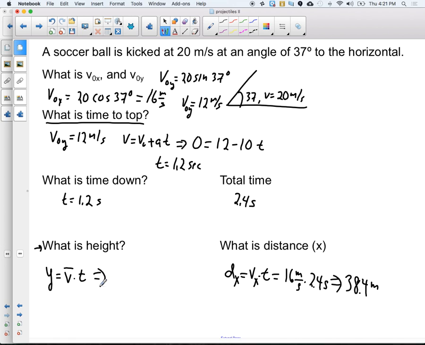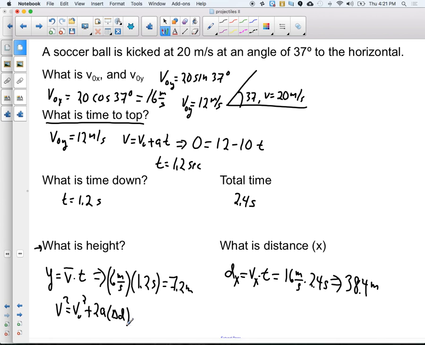So the average velocity is 6 meters per second times 1.2 seconds is 7.2 meters. You could also do v squared is equal to v0 squared plus 2a delta d, and that would give you the same answer.